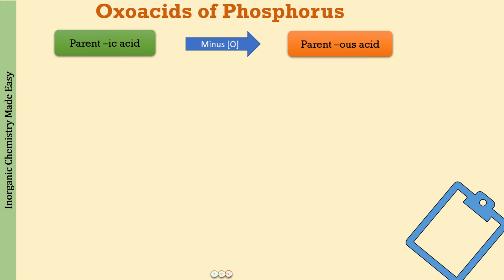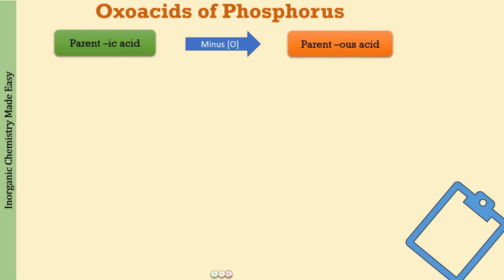And this is going to be true not only for the oxoacids of phosphorus, it is true for the oxoacids of any element. For example, just now you saw the example of nitric acid and nitrous acid. So nitric acid was HNO3 and nitrous acid, minus one oxygen, is HNO2. Right? So this is going to be true for nitrogen, phosphorus, sulfur, halogens, all of the oxoacids.